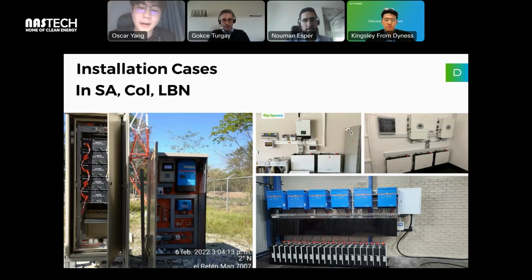Here we have a very big project. It is located in South Africa. It is 20 pieces of BX51100. So it is 100 kWh, connecting to 6 pieces of Victron inverters. Here it is the bus bar together with the combiner box.